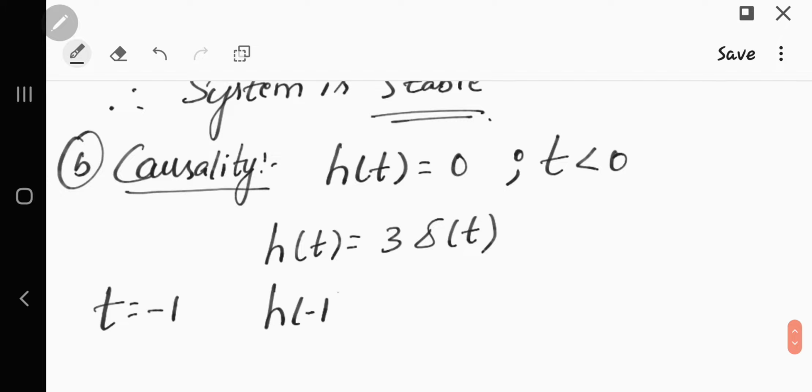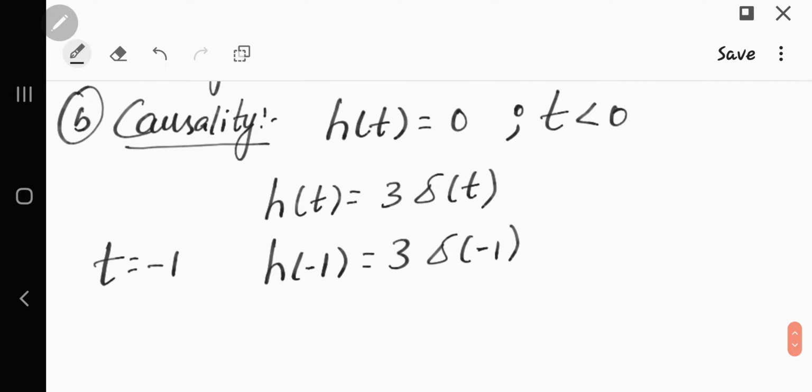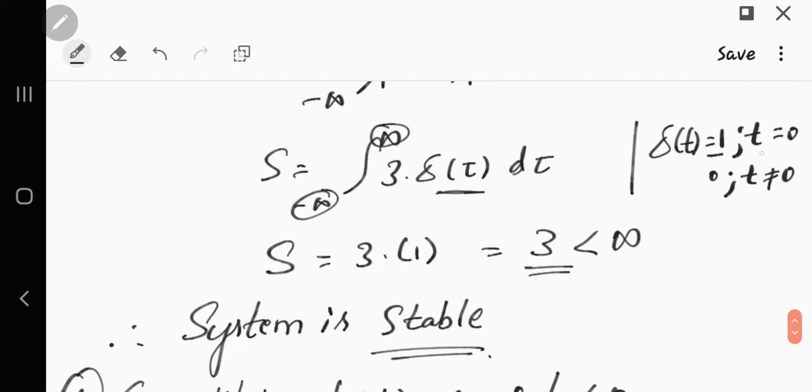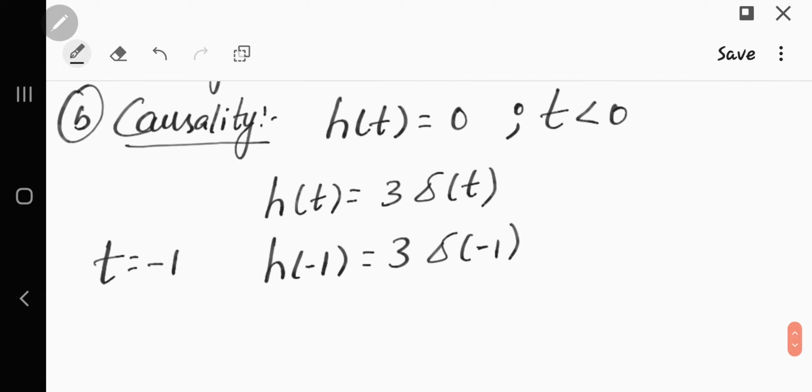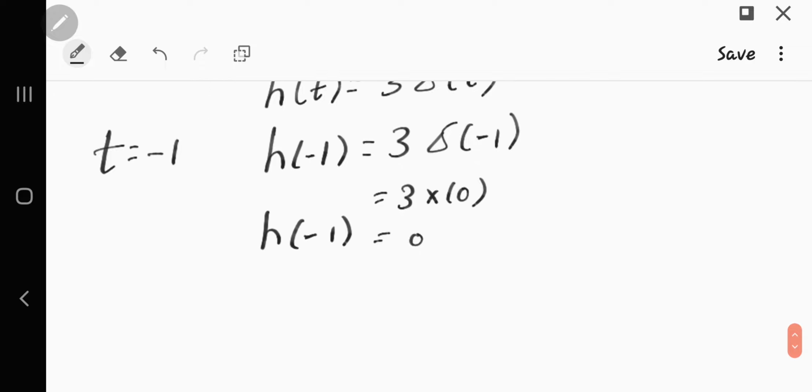So h of minus 1 is equal to 3 delta minus 1 here. Now as I mentioned here, delta t is present only at the origin, and apart from that its value is 0. So delta minus 1 is 0 here. So therefore 3 into 0 will give you 0 only. So that means for negative values of t, the impulse response is 0. So therefore this condition is satisfied.